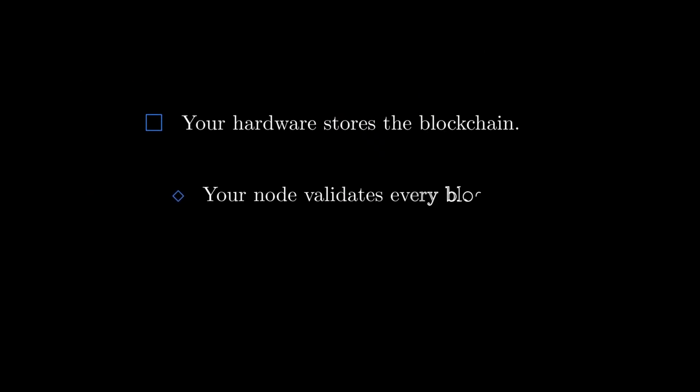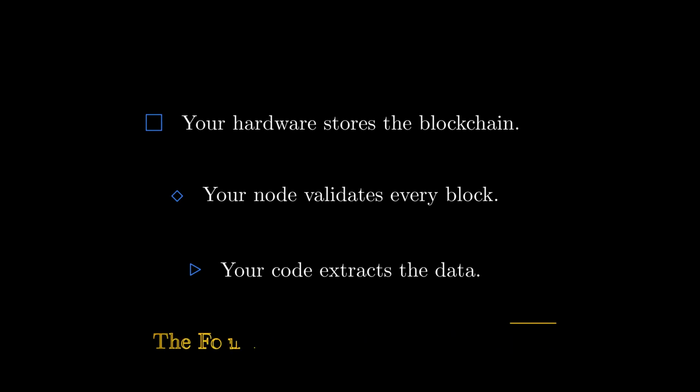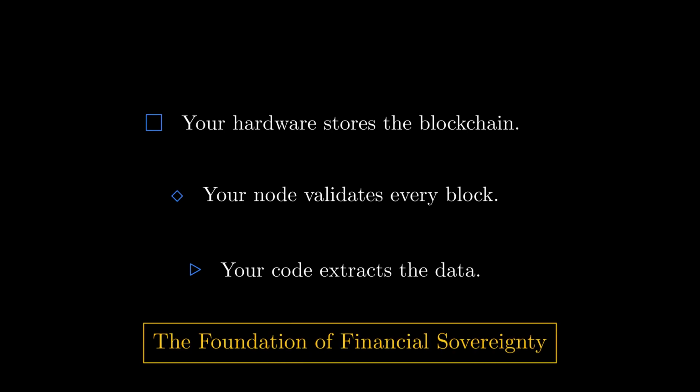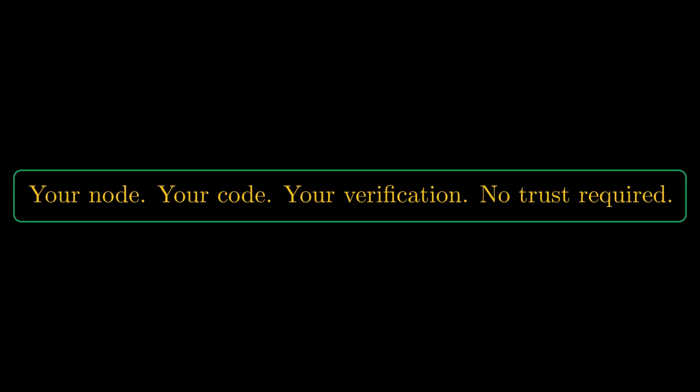Your node validates every block against consensus rules. Your code extracts exactly the data you need. No intermediary can censor, modify, or delay your access. This is the foundation of financial sovereignty, and it's built on a protocol as simple as an HTTP POST. Your node, your code, your verification, no trust required.